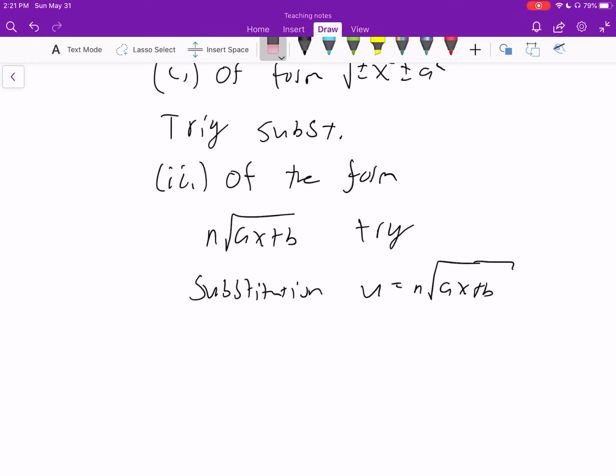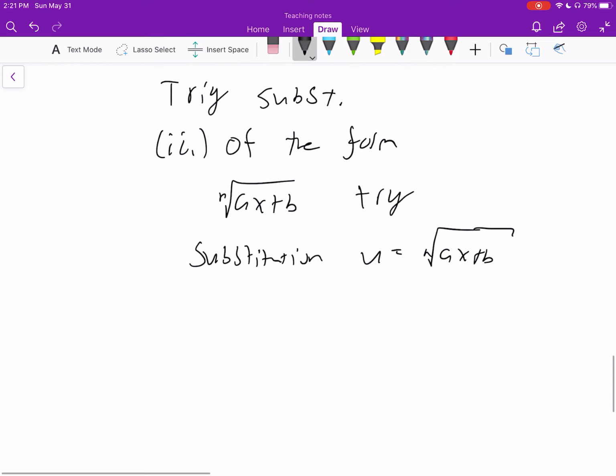And sorry, this is not n times the radical, this is the nth root. Just to make that clear, it's like cube root, fourth root, fifth root, whatever. You're going to try this. It might not work. It might. This is kind of the point of integration.